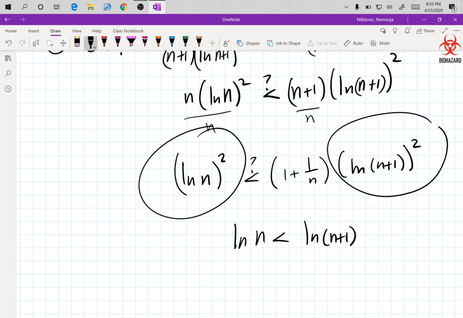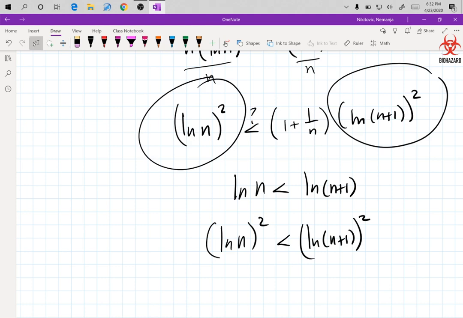Because if you square it, like this, then this is always true, and this is true on 1 to infinity. It fails between 0 and 1.